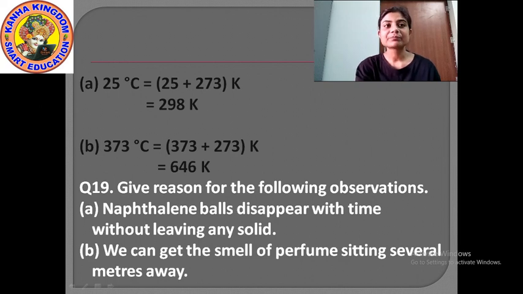And number B, 373 degrees Celsius you have to change into Kelvin, so it will be 373 plus 273 Kelvin, which is equal to 646 Kelvin.